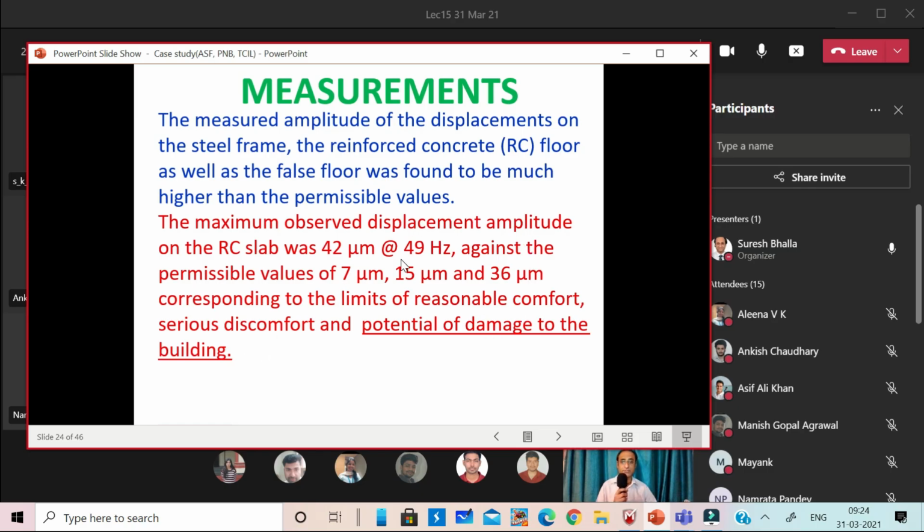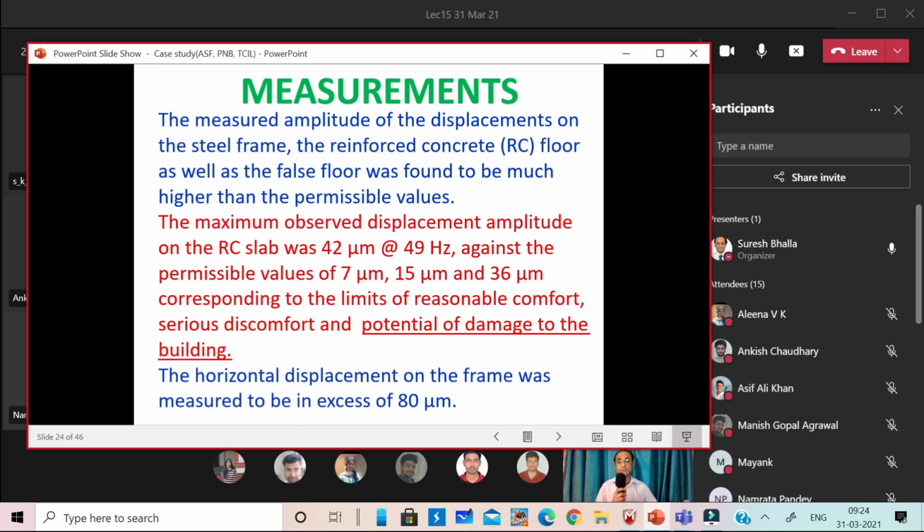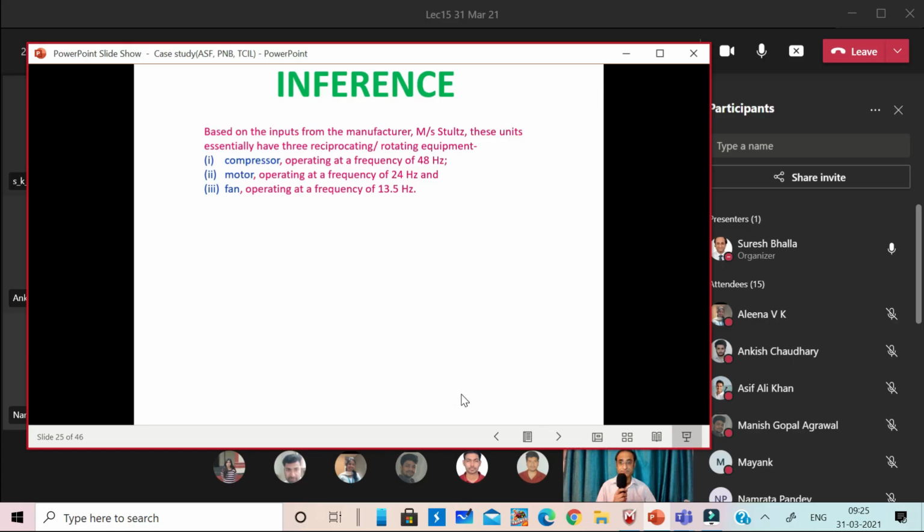The magnitude was quite high, and we immediately alerted the authorities that very urgent action is needed, because here not just the comfort of persons but the integrity of the structure is also doubtful. We also measured horizontal displacements, and at some locations this was found to be in excess of 80 microns.